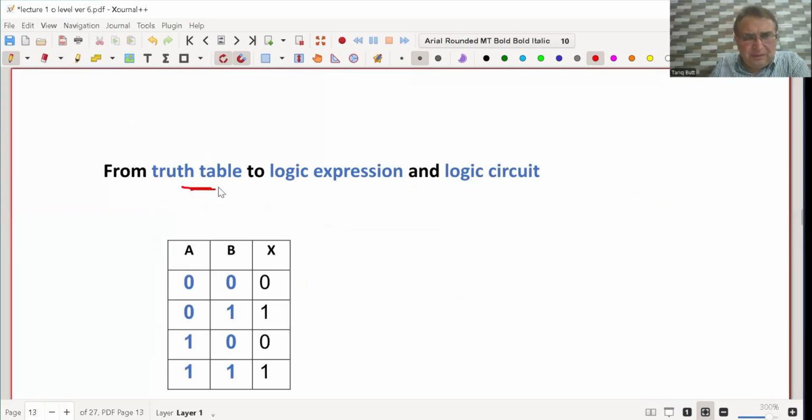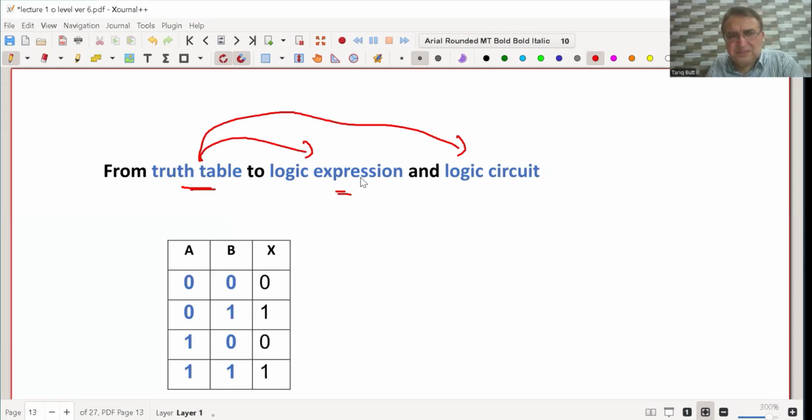And here, in the third scenario, you may be given the truth table, and from the truth table you are supposed to draw the logic expression or logic circuit. Fine. So I have taken the same truth table which we built in the previous two examples. But this time we are going to build the logic expression from the truth table.